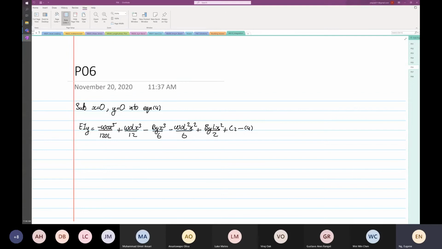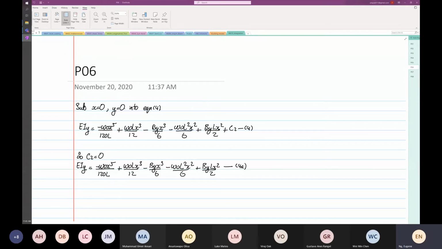Everything is equal to 0, so C2 is also equal to 0. So we have EI y equal to minus omega naught x^5 over 120L, plus omega naught L x^3 over 12, minus wx^3 over 6, minus omega naught L^2 x^2 over 6, plus wL x^2 over 2.